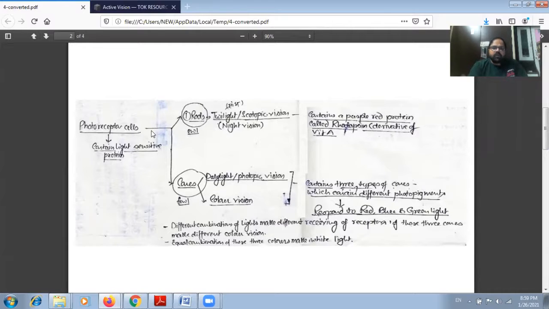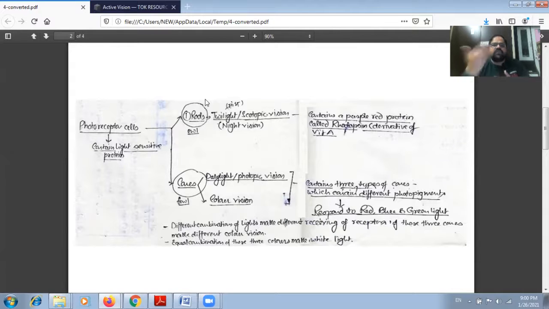Both of these types of receptors have different functions. We can see here that the rods have been given the work to see things at night. So it controls the light on the retina.